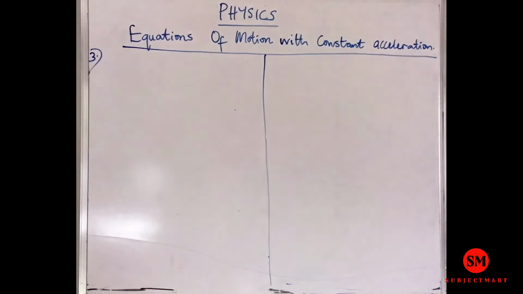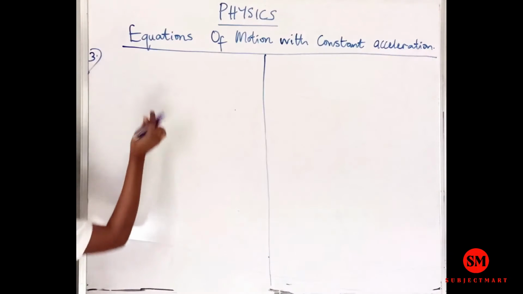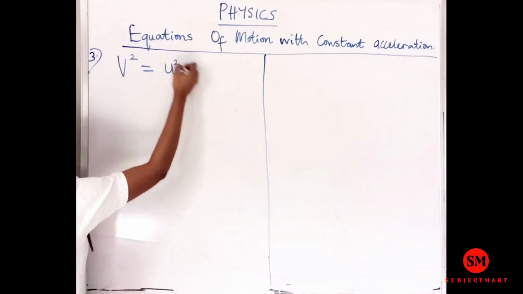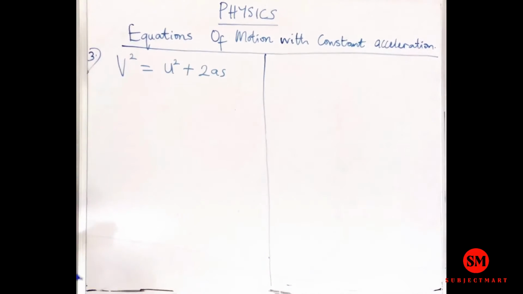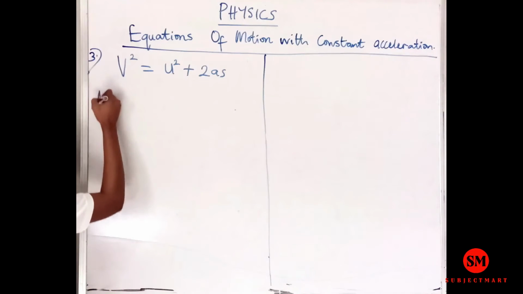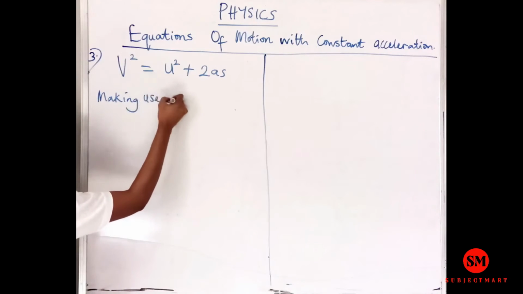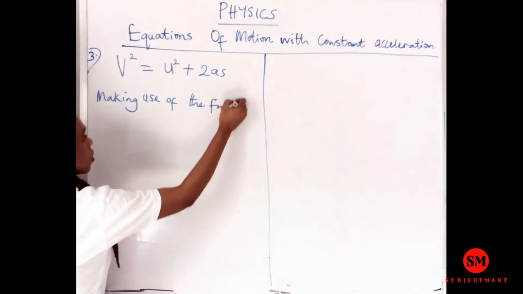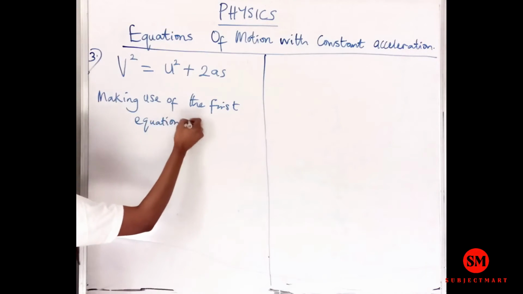We will be learning how to derive the third equation of motion. The third equation is v squared equals u squared plus 2as. Now we'll make use of the first equation of motion.